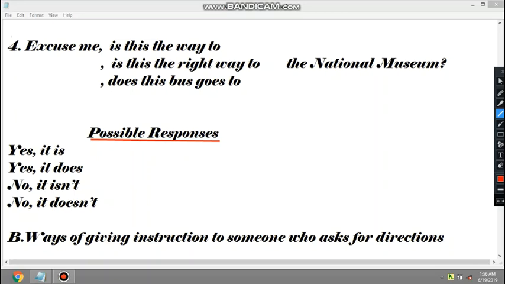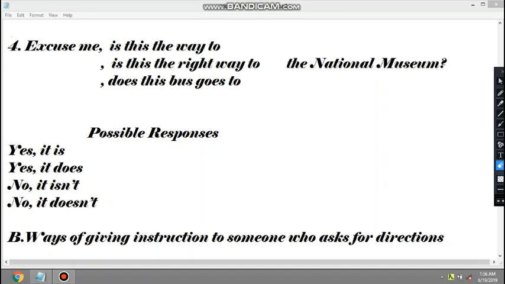If it's not, your answer should be no, it isn't. Or does this bus go to the National Museum? If it doesn't go, you will say no, it doesn't. This is another way of asking for direction.